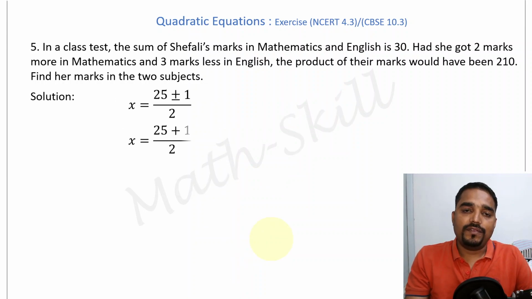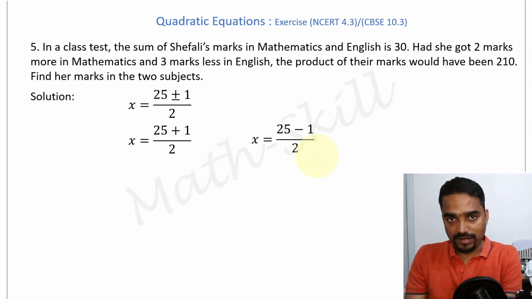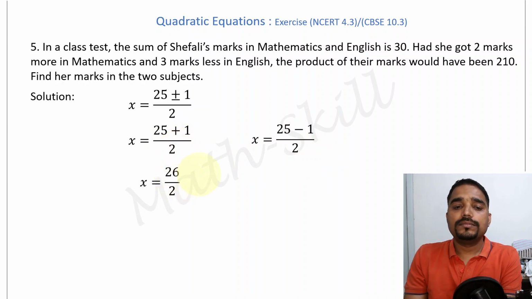Since it's a quadratic equation, it can have a maximum of 2 values of x, that is x is equal to, the first term would be 25 plus 1 whole divided by 2, or 25 minus 1 whole divided by 2, which means 25 plus 1 is 26 divided by 2, or 25 minus 1 is 24 divided by 2. 2 ones are 2, 13s are 26, and 2 ones are 2, 12s are 24.